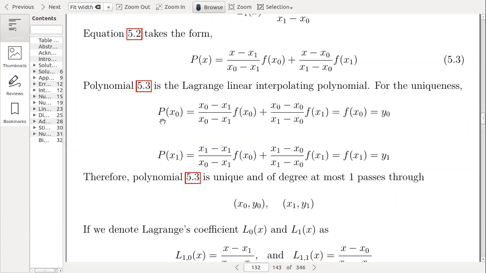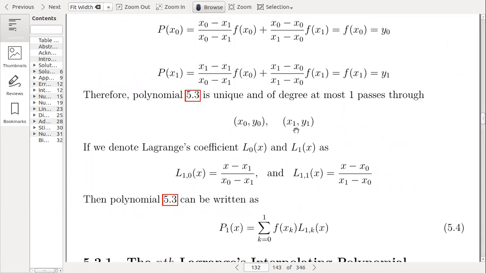So p of x naught is equal to y naught, and for p of x1 we have y1. Therefore, the polynomial is unique and of degree at most 1, passing through the 2 points x naught y naught and x1 y1.